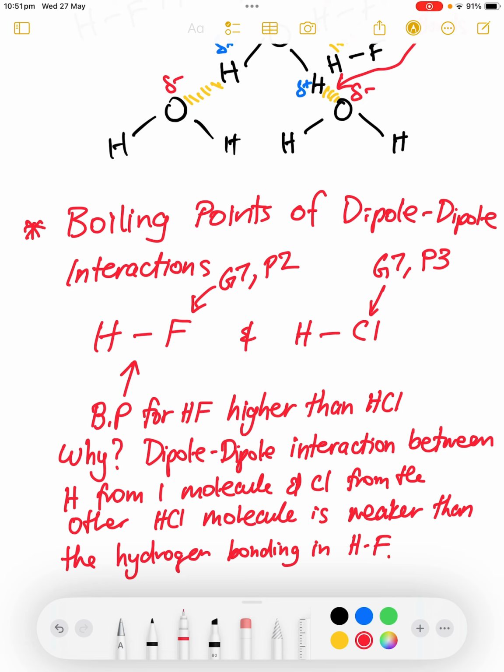All right? And the same would go for another element in group 7 further down, such as bromine. That would get even weaker after that.